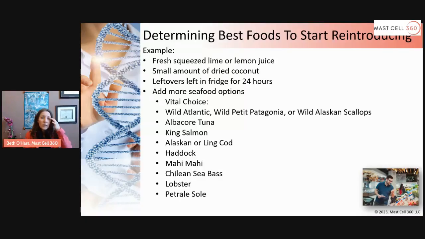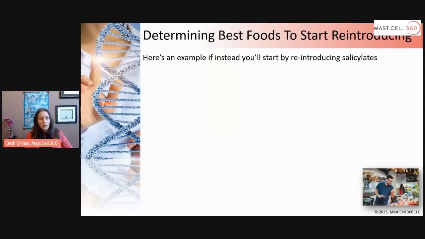Now, what if instead you want to start reintroducing salicylates? So here's some foods that you could bring on. You could trial if you're reintroducing salicylates, but keeping all these others low that we talked about. So broccoli, parsnips, watercress, a little bit of macadamia is not a whole hog, but keeping it to 5 or 6 of them.